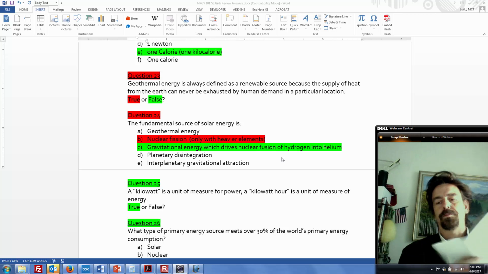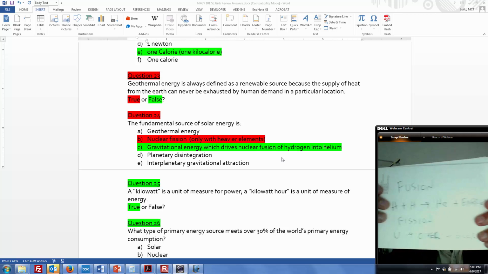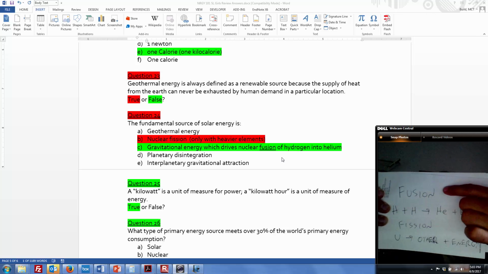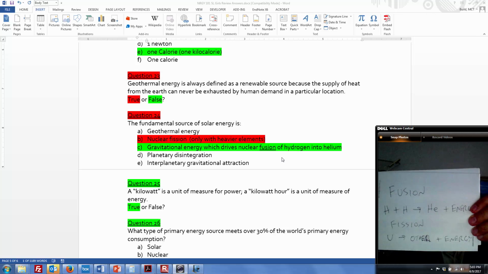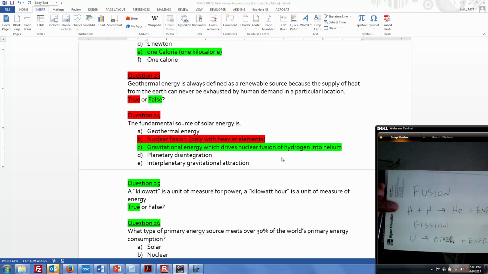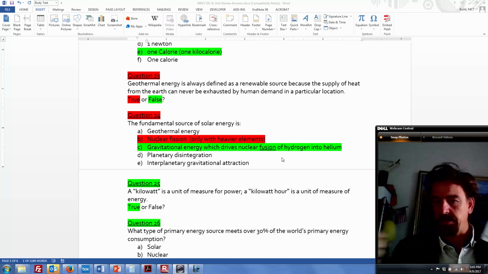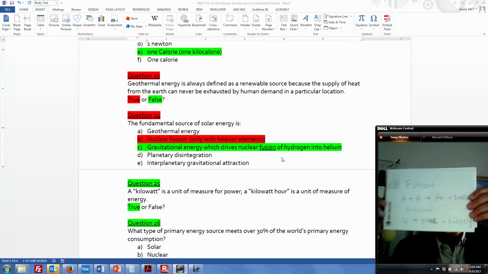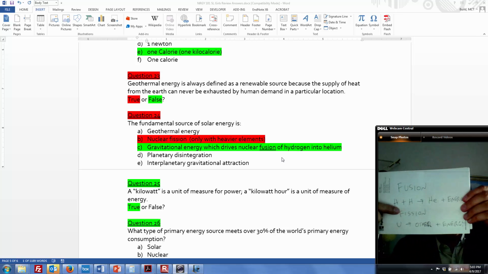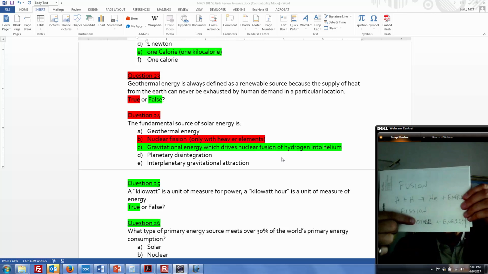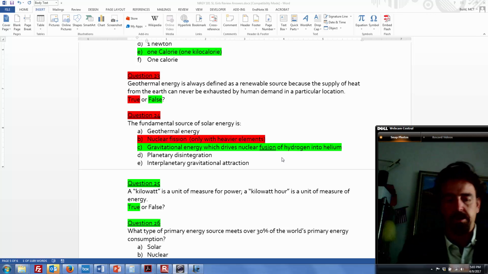So the top, this is fusion. Fusion is two hydrogens, so hydrogen plus hydrogen becomes helium plus energy. And the bottom one is fission. Uranium becomes other elements plus energy.